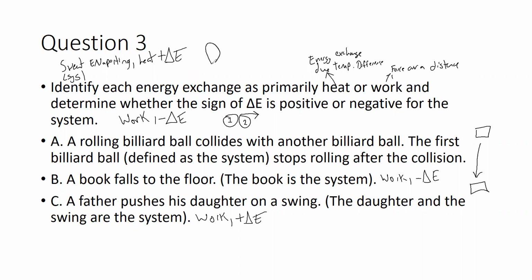A balloon expanding. Yep, the balloon is the system. All right, so this is work. This is pressure-volume work. And we're going to see today work equals negative P delta V. Right?